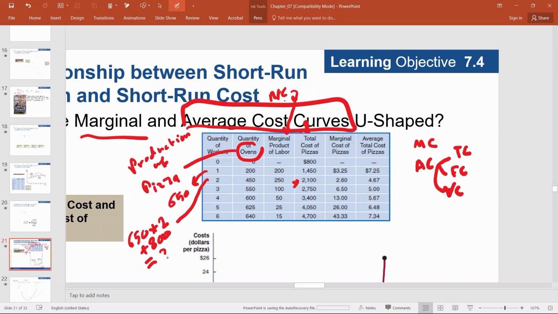Also you can do this one: you multiply 650 by 3 laborers and add 800, and you will get this. So you continue until you come to the last one, which is 6 laborers. After the total cost is finished, you can figure out marginal cost. Marginal cost is the difference between total costs: the current one minus the previous one, and for this one, the current one minus the previous one.